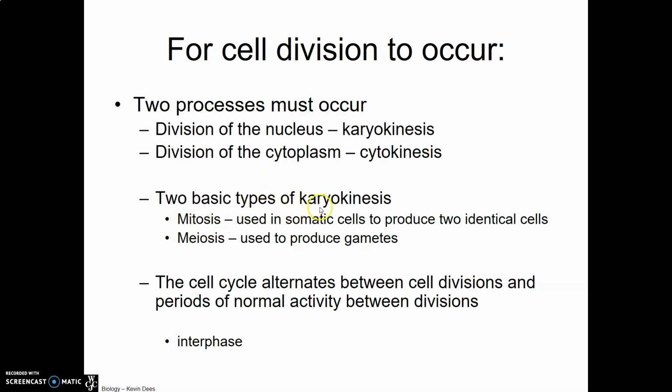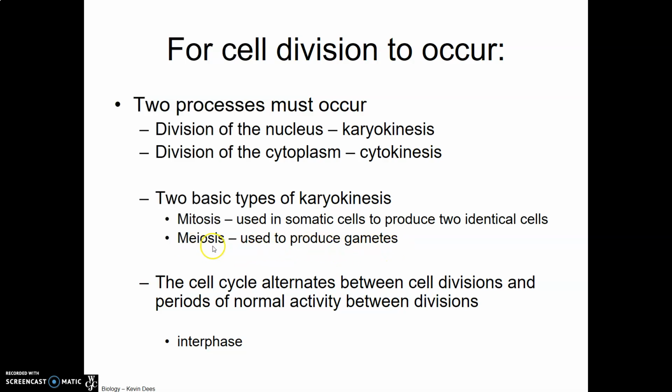Now, we can look at karyokinesis specifically and see that there are two types. Mitosis is a type of karyokinesis that somatic cells in our body use to produce two identical daughter cells. Start with a diploid cell, end with two identical diploid cells. The other type of karyokinesis is meiosis, and meiosis is the division that occurs in animals to produce gametes.